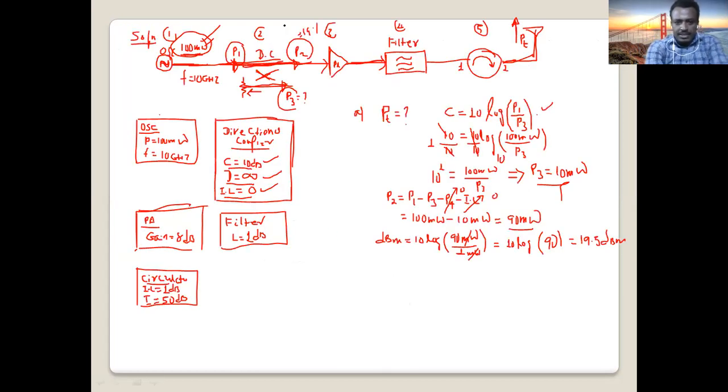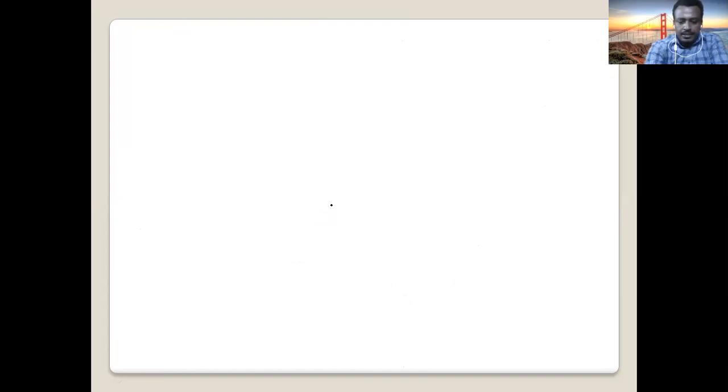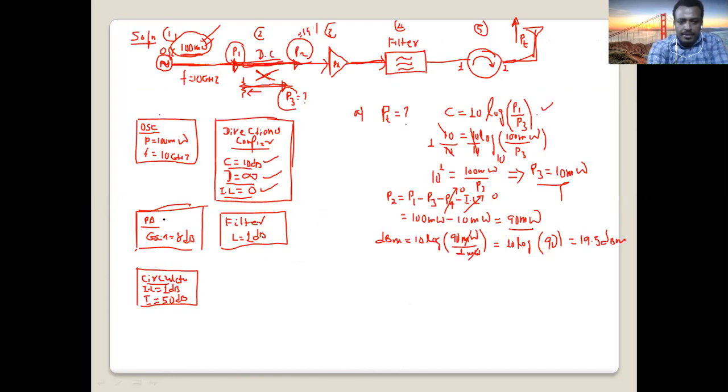Then what's the next device? The amplifier. So this 19.5 dBm power, which comes from the coupler, what's the next device? Amplifier. So it will be a gain of how much? 8. So our amplifier here has a gain of 8.